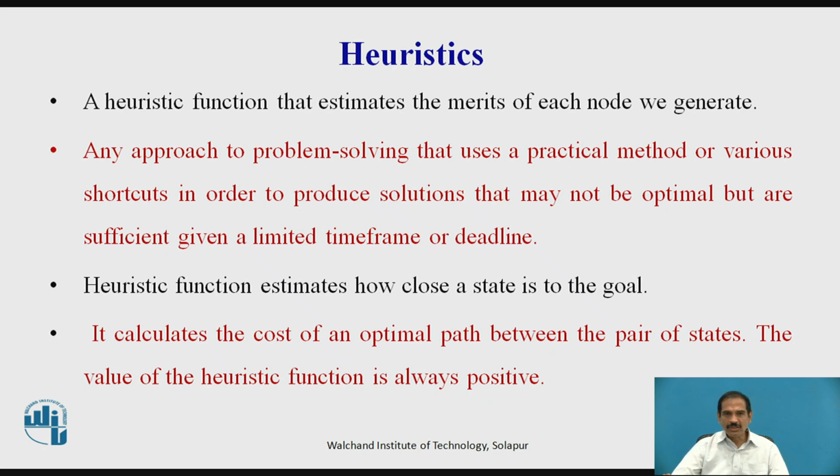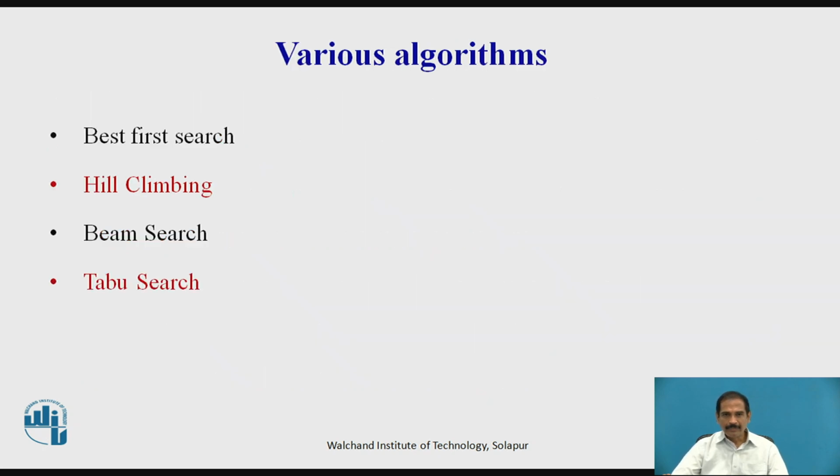A heuristic function estimates how close a state is to the goal. It calculates the cost of an optimal path between the pair of states, and the value of the heuristic function is always positive, which tells us we have to go ahead in a particular direction.